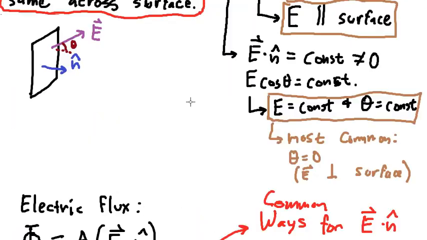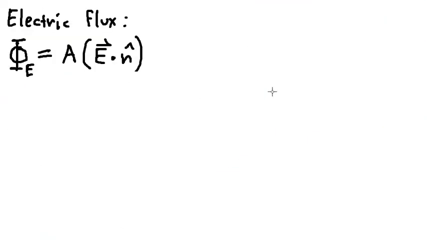So the idea we're trying to get to down here is that if you take a closed surface, this is actually what Gauss's law is, almost.